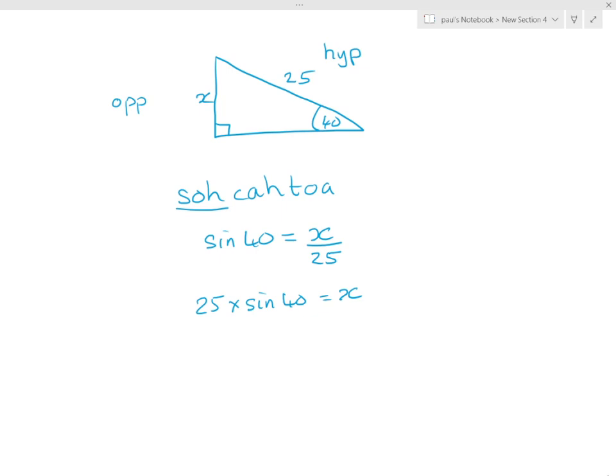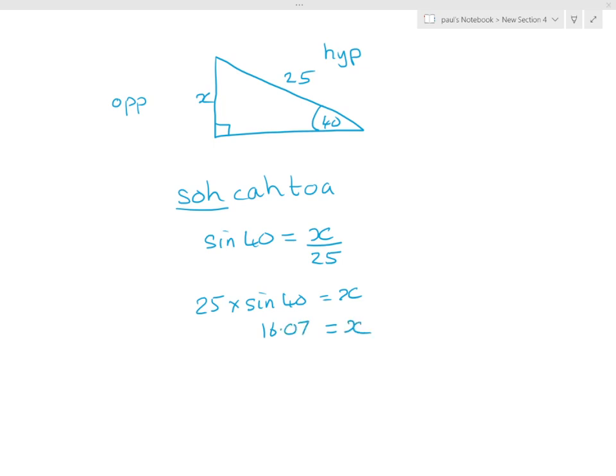So on the calculator I am pressing 25 times the sine button, open brackets, and 40 in there, and it gives me 16.07 to two decimal places.